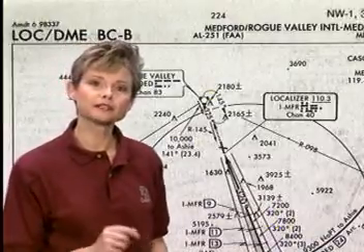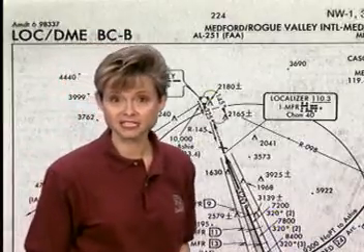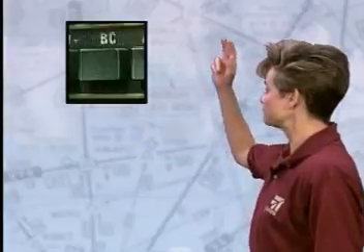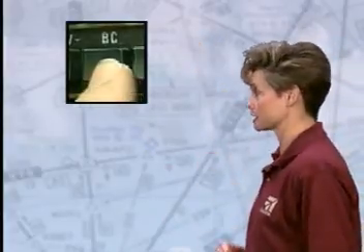Now there are a couple of ways that you can avoid reverse sensing on a back course approach. One way is to have a navigation receiver with a BC or back course switch. Pressing that switch manually reverses the signal indication, and you can then follow the CDI needle like normal.